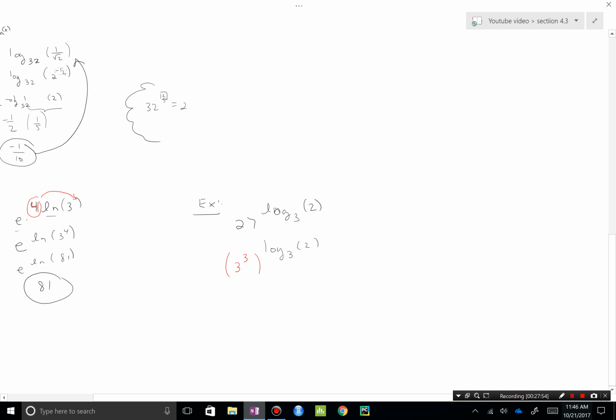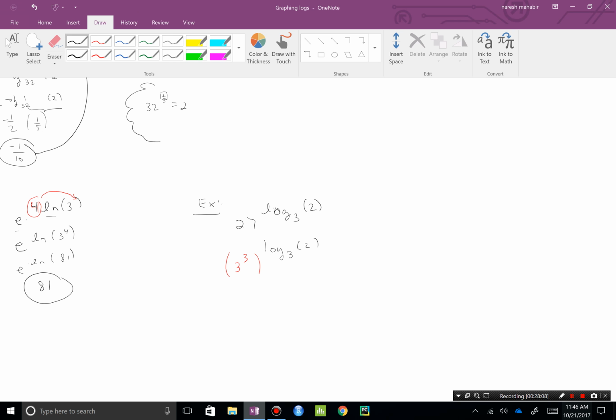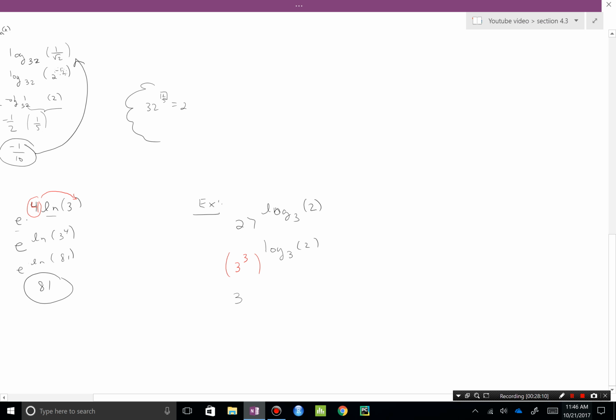All right, now let's go back to your intermediate algebra skills. When you have an exponent, which is this 3, raised to another exponent, which is this log-based nonsense, what do you end up with? 3, because you multiply the two together. You get 3 times log base 3 of 2.